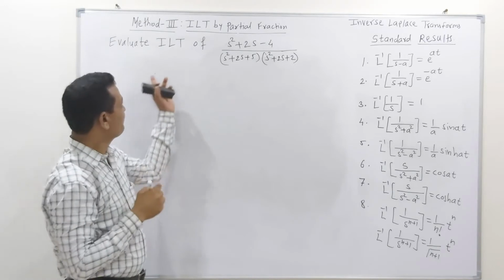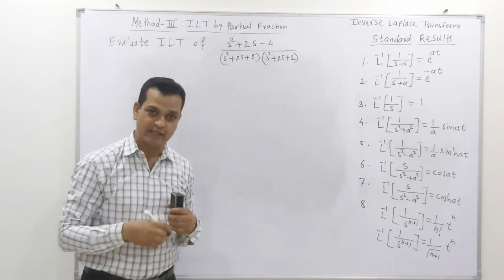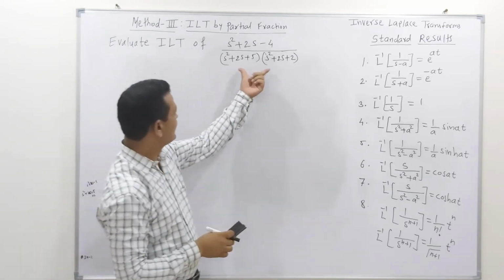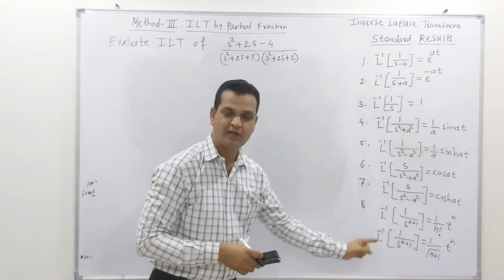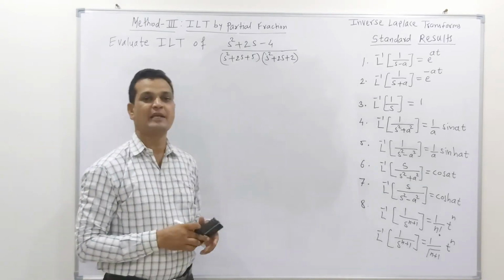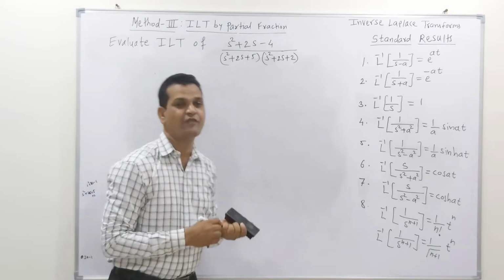Now to solve this example, we have to apply the partial fraction concept, because this denominator is not in our standard form. That's why we are applying the concept which is called partial fraction.